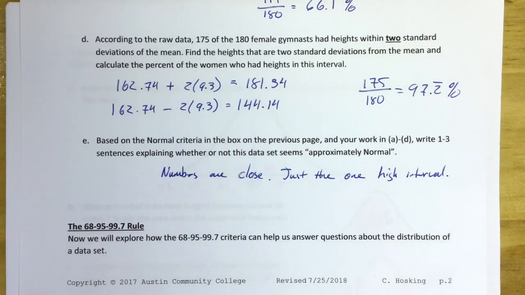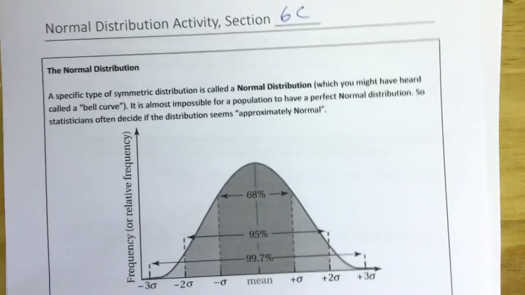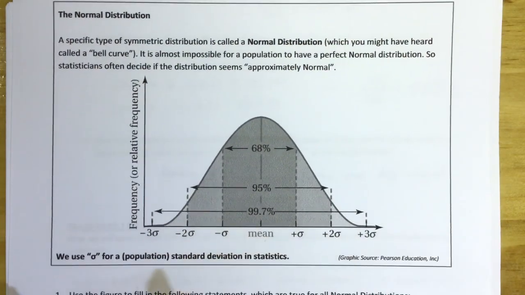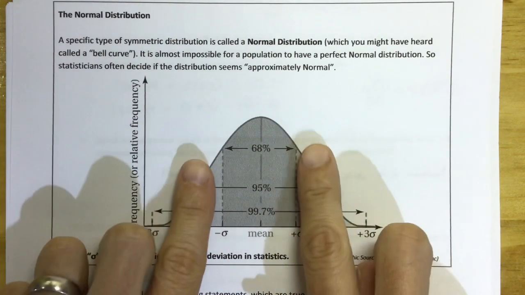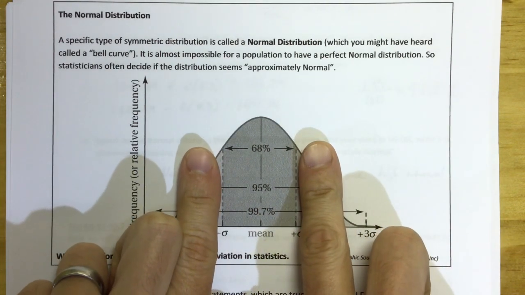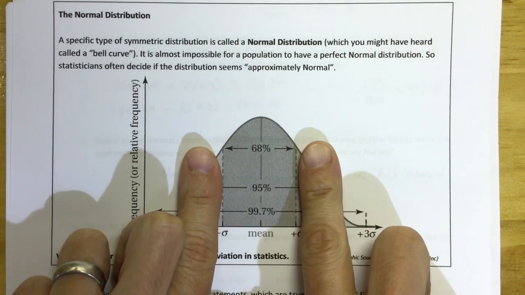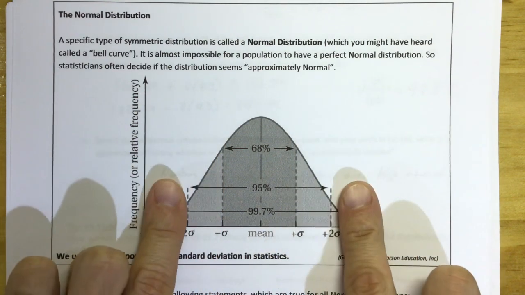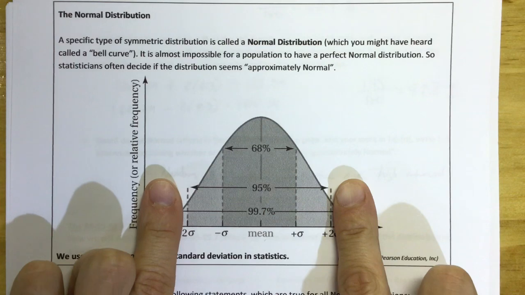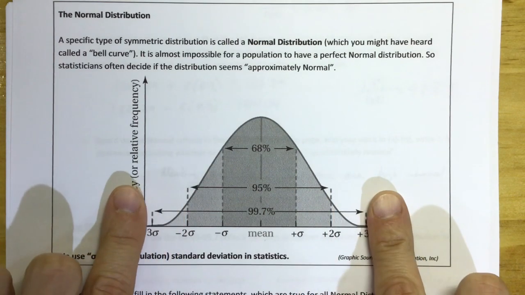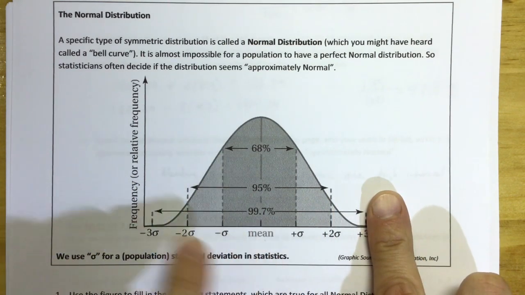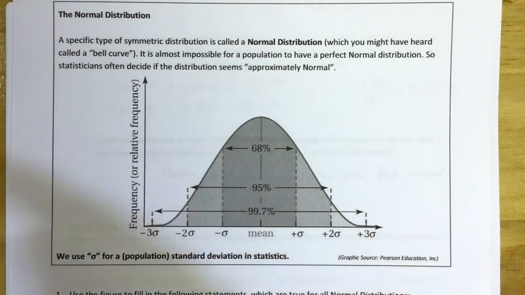So the bottom of page 2 mentions the 68, 95, 99.7 rule. That rule refers back to the normal distribution that we saw at the very beginning here, and what it says is that 68% of your data is going to be within 1 standard deviation of the mean. 95% of the data is going to be within 2 standard deviations, and pretty much all of it, 99.7%, is going to be within 3 standard deviations of the mean.